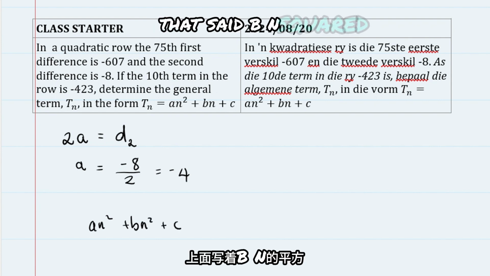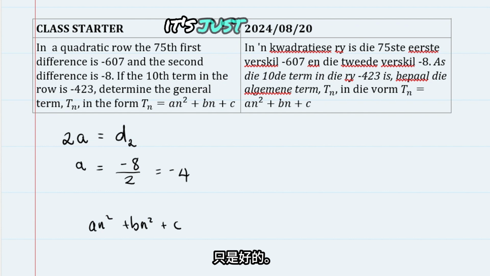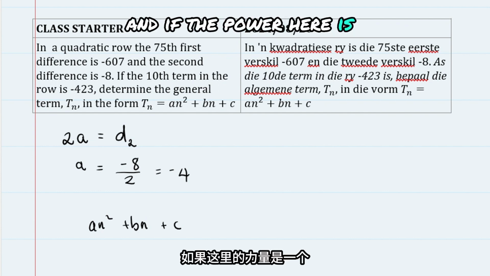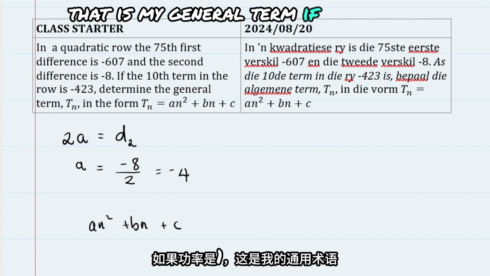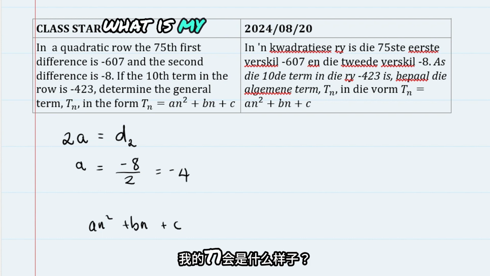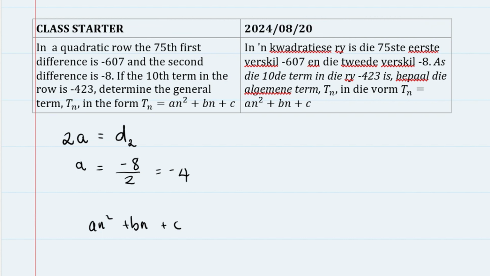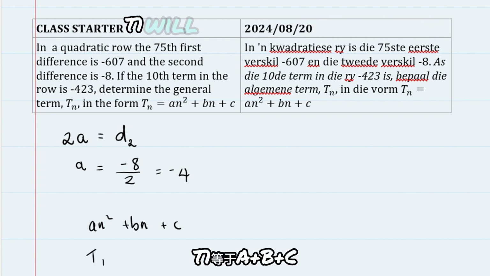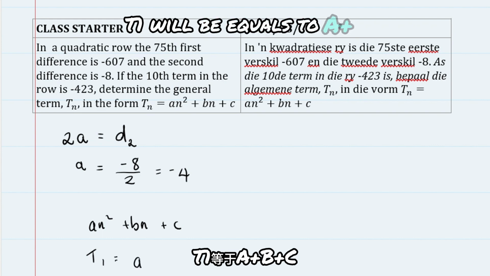Sorry, that's not bn squared, it's just bn. Now, what is my T1 going to look like? T1 will be equal to A plus B plus C.